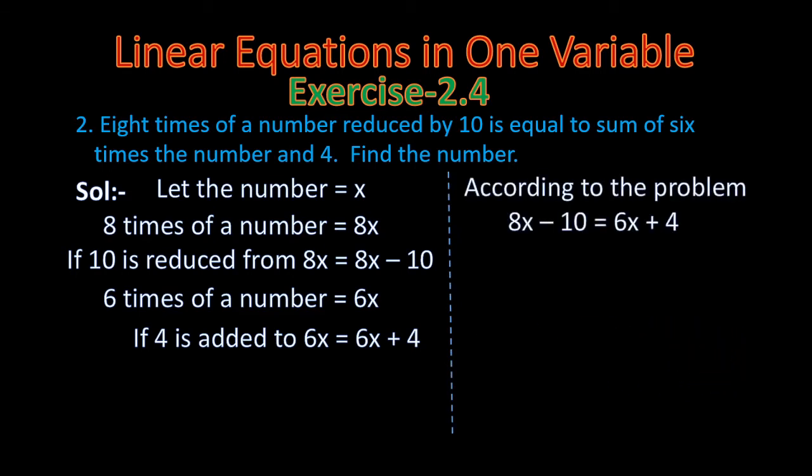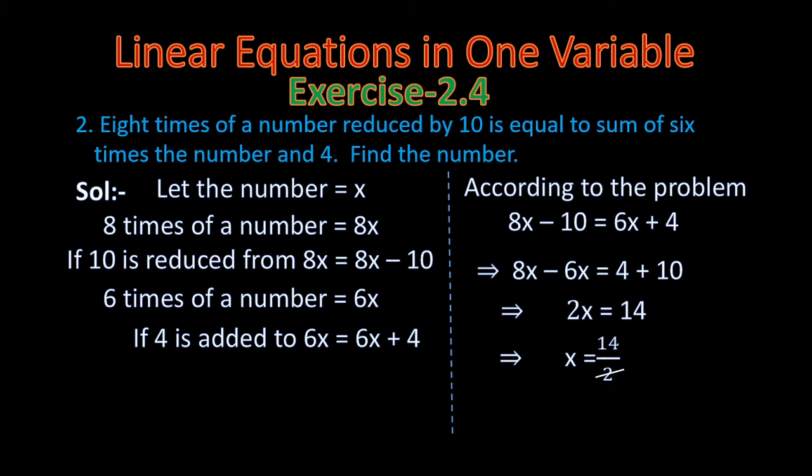According to the problem, 8x minus 10 is equal to 6x plus 4, implies 8x minus 6x is equal to 4 plus 10, implies 2x is equal to 14. x is equal to 14 by 2. 2 sevens are 14. Therefore, x is equal to 7. The number is equal to 7.